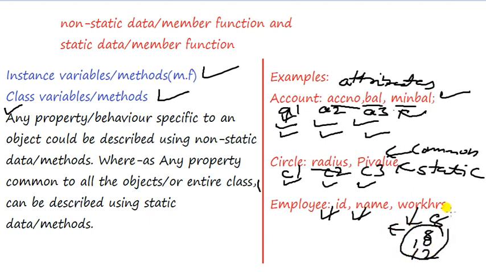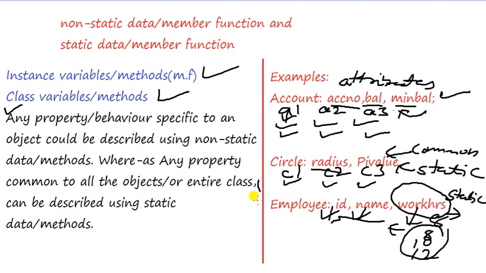But for schools, where it is fixed, everyone has to work 8 hours, not less and not more. Everyone has the same thing, so all employees have the same work hours. That's why we can treat it as static. The remaining we can treat as non-static. In case of a company or industry, you can declare this as non-static.